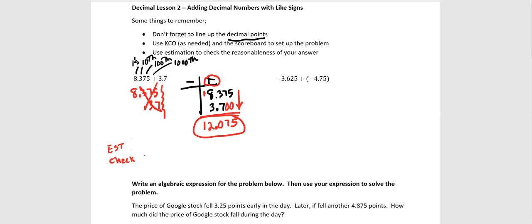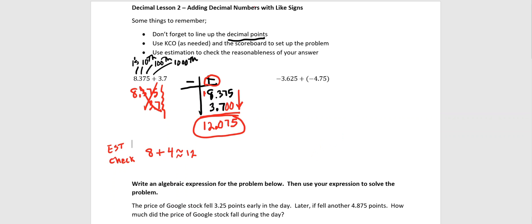So 8.375 we know would be rounded down to 8. 3.75 would be rounded up to 4. And we'd be adding those. So we're getting an answer that we're expecting to be around 12, and we sure enough get an answer that's around 12, just a little bit more. Okay, so we can have confidence in that answer.